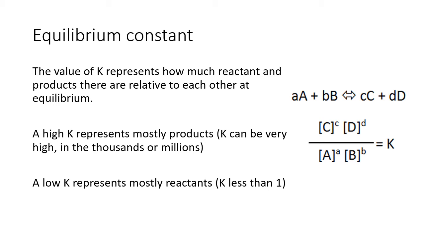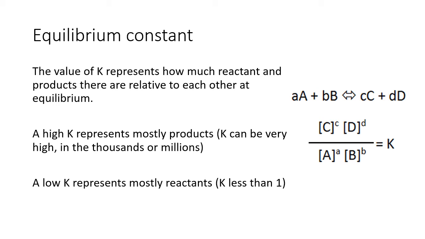Equilibrium constants are the value of K that represents how much reactants and products there are relative to each other at equilibrium. Your equilibrium expression can be evaluated at a time when it's not at equilibrium or when it is. This value can show you how much product and reactants there are.